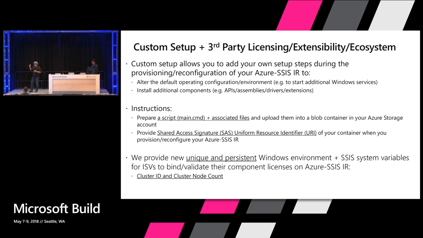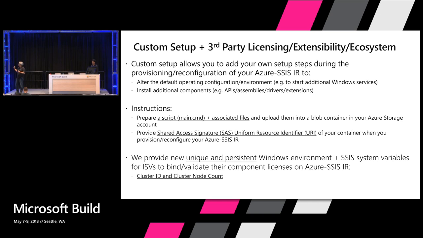And for third parties, for ISVs, as you know, IR is actually very volatile because customers can resize, scale out, and scale up the nodes. So the traditional way for ISVs to bind a license using machine name, MAC address, etc., is not applicable anymore. So we provide a new way for ISVs to license their components on SSIS IR.